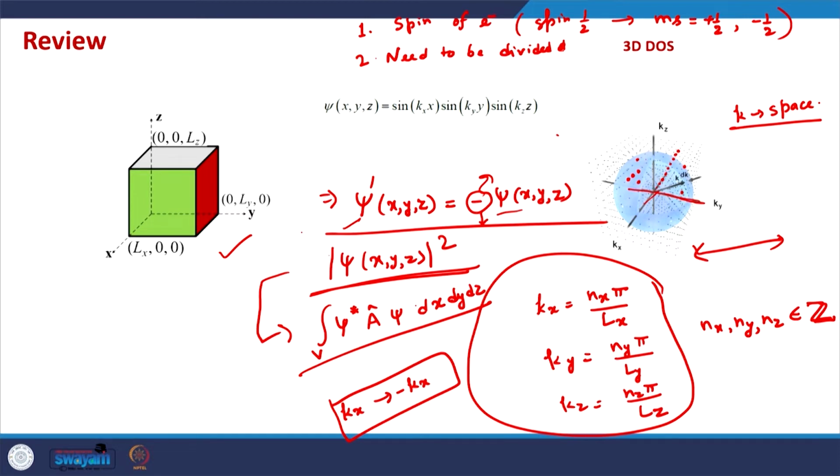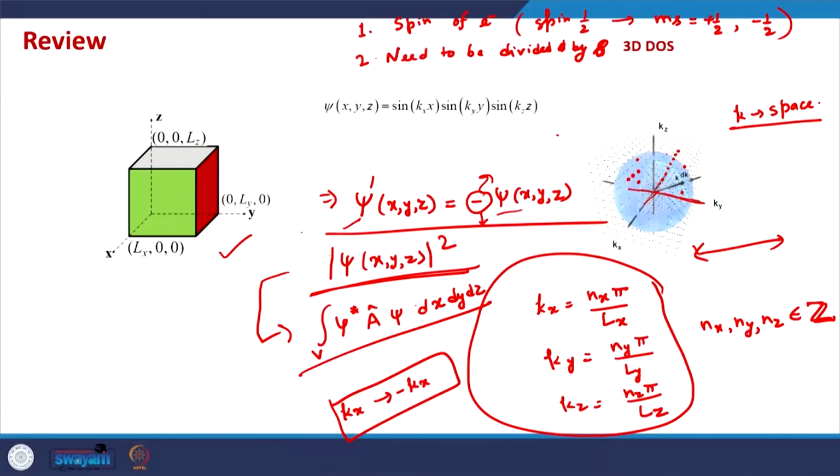So, if we calculate all k points, we need to multiply by a factor of 2 because we need to incorporate electronic spin, but we also need to divide by 8 because all k point combinations in all octants are essentially similar to each other. They essentially correspond to the same electrons. Okay. So, all the distinct electronic states are present in one octant of this kx, ky, kz plane.